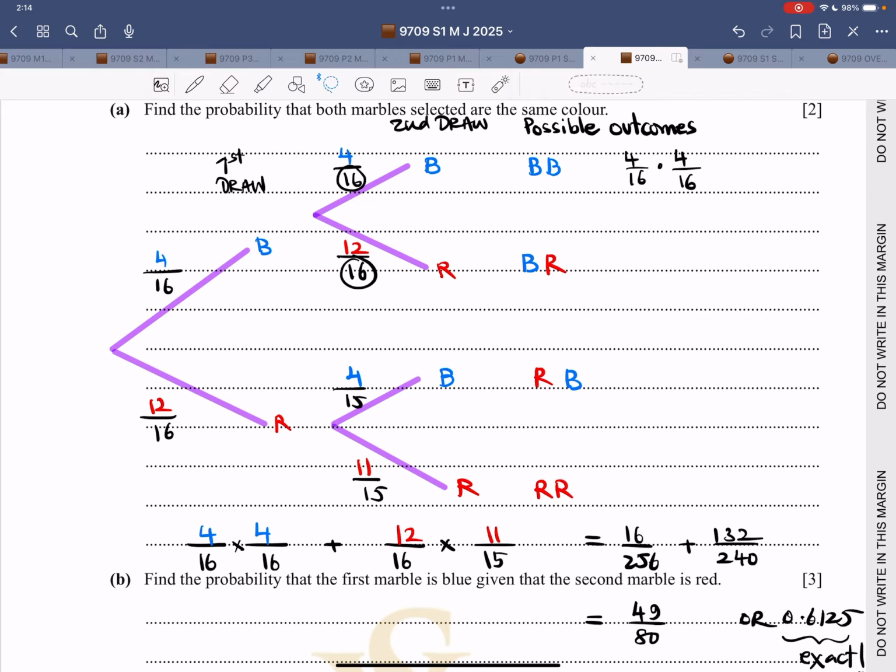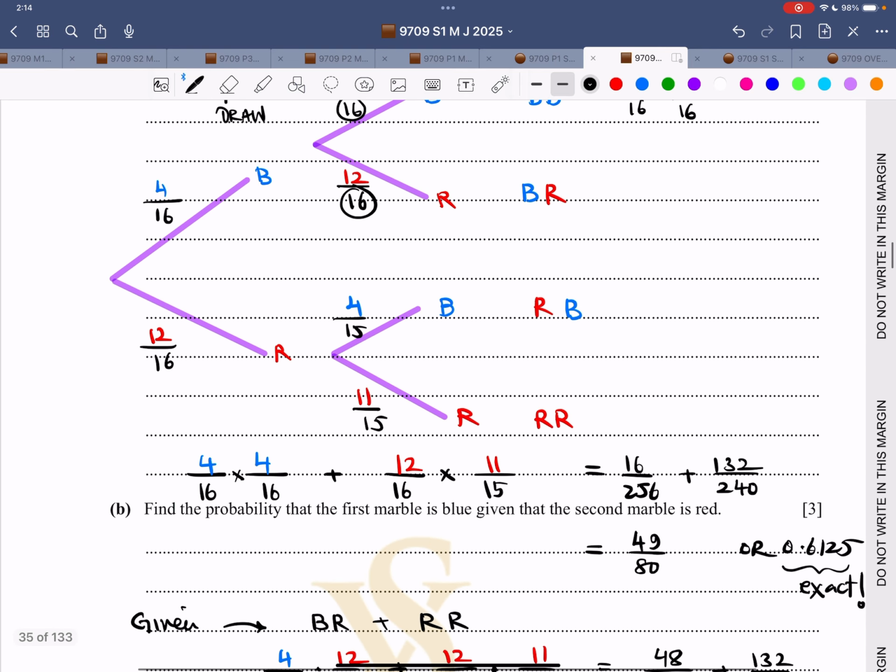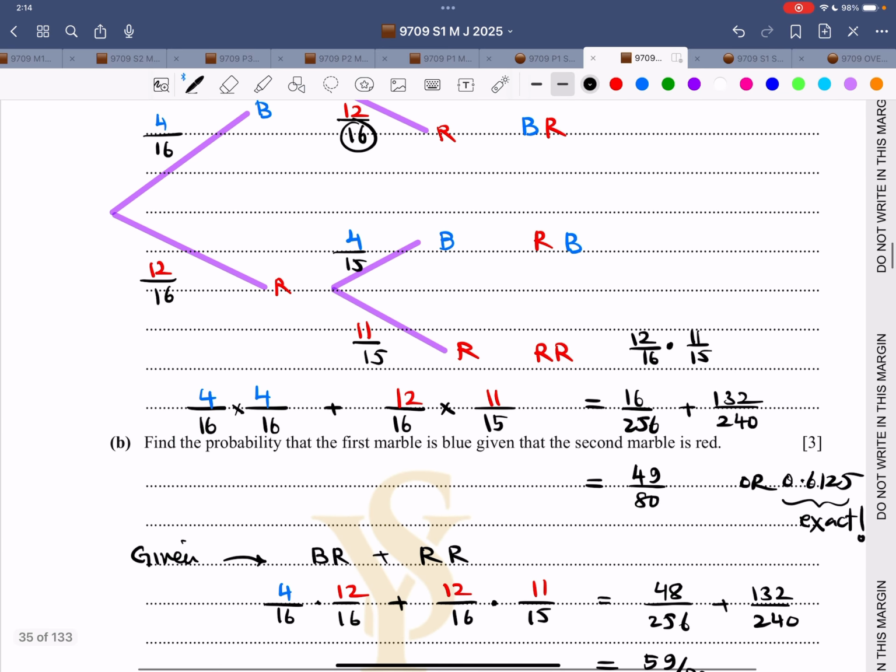So let me adjust this outcome word, it looks better over here, and over here let me write the word probability. All good, all clear. And the second option is that of red, red. So that is 12 over 16 into 11 over 15. So this one over here is red, red, and this one over here is blue, blue.